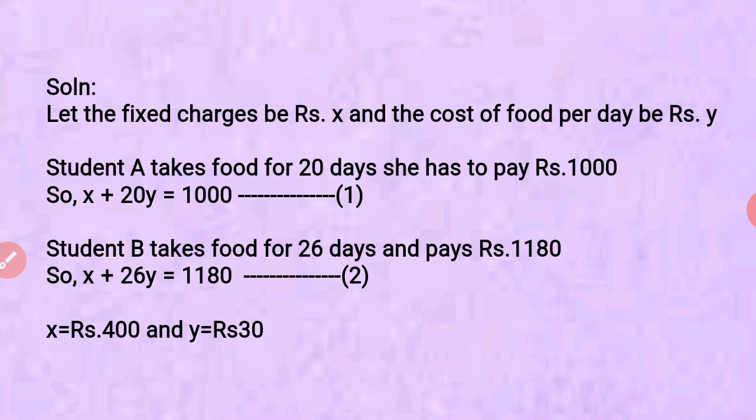Now the second condition, it is for 26 days. So children, X, that is the fixed charge, will always be there, and for 26 days with food charge per day Y, the total cost will be 26Y. So X plus 26Y equal to 1180, that was the total charge. Now as you are free to use any of the methods, use it and check your answer. The answer is given here. X comes out to be 400 and Y comes out to be 30.